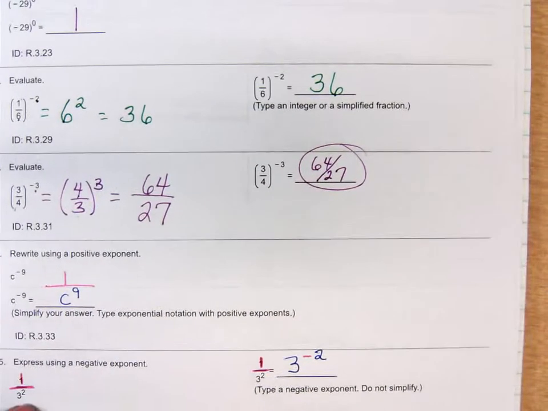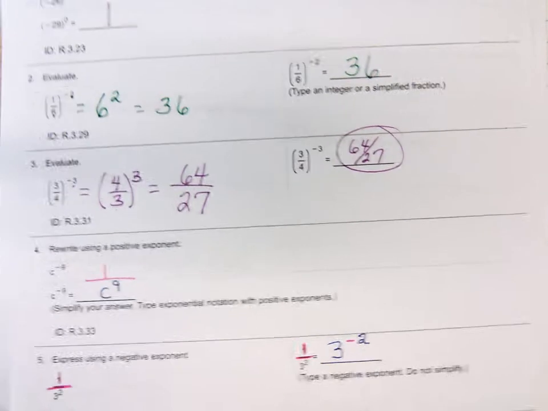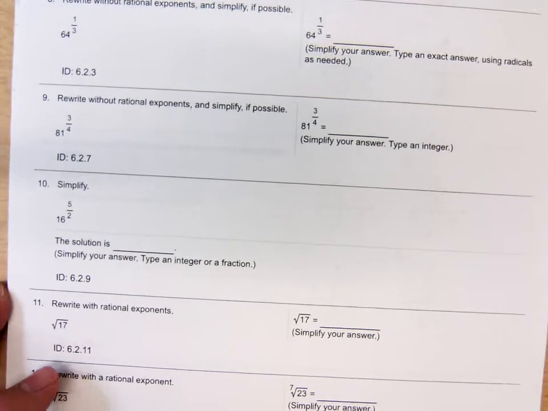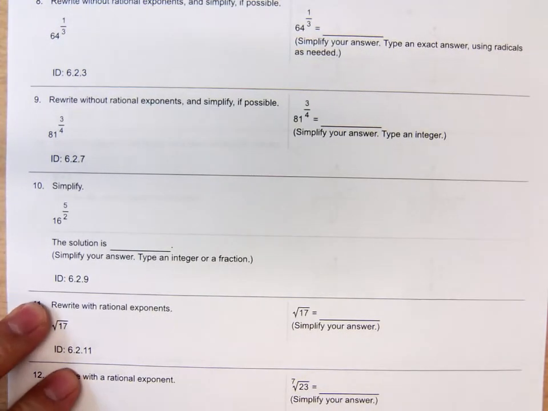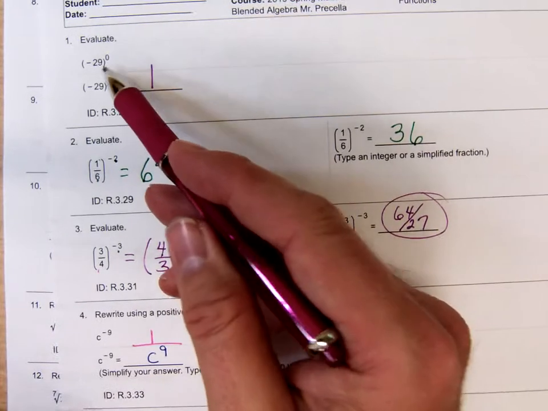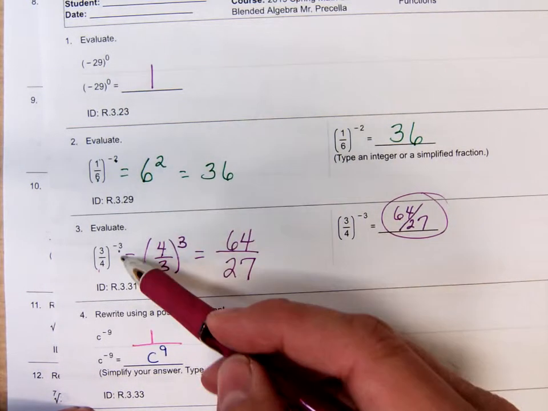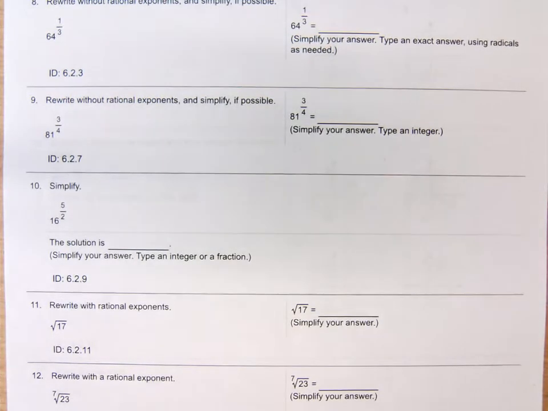Now, let's flip to the next page. So we've looked at a 0 exponent and negative exponents. What about a fractional exponent? What does a fractional exponent mean?